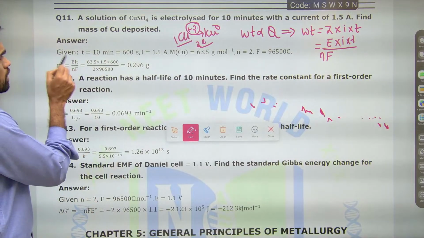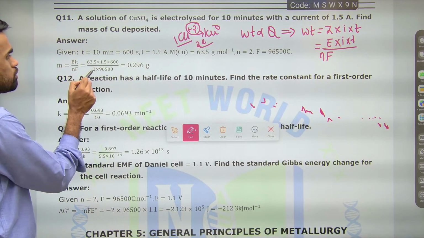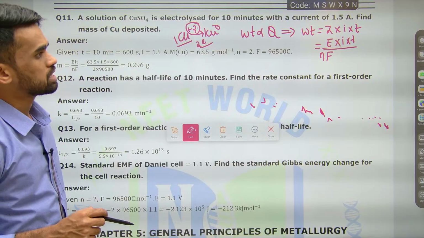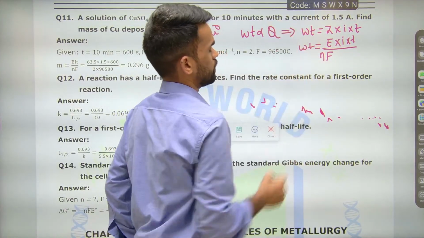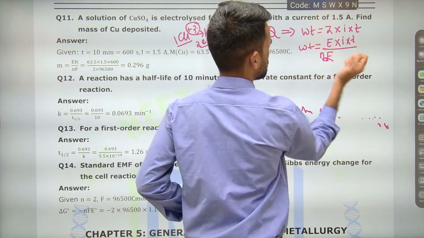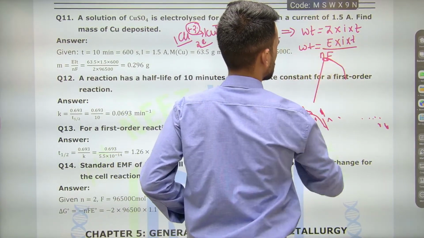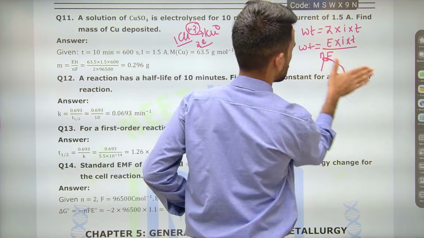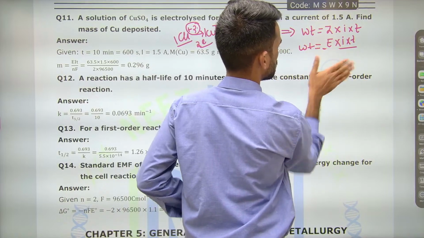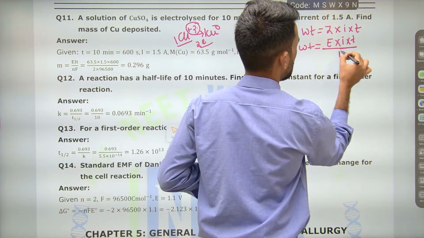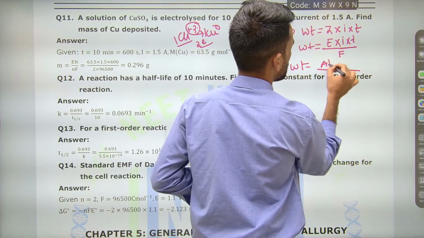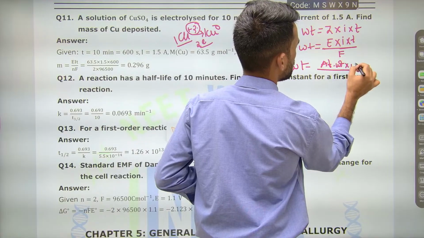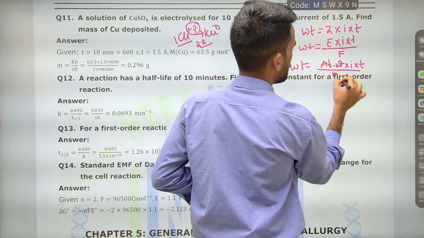Wherever we have equivalent weight, you can write molecular weight by 2. So the weight of substance deposited will be its atomic weight into I into T by nF, as I am writing.